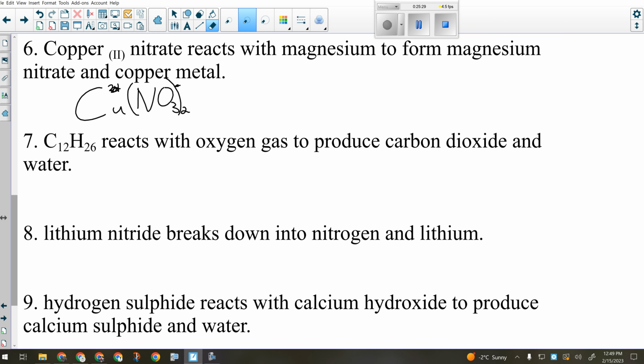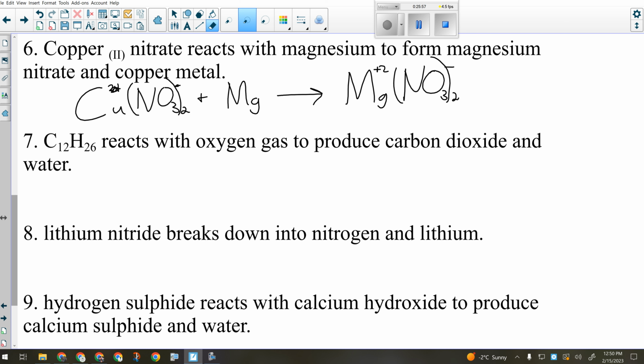Okay, reacts with magnesium. Magnesium's by itself here. It doesn't say it's in a compound with anything. Right? And that's going to form, so anytime you see to form or produce or something like that, that means that's where the arrow goes. Okay? Magnesium nitrate, so okay, magnesium is a +2, and it's with nitrate, which is a -1. So we got to do the same thing here.